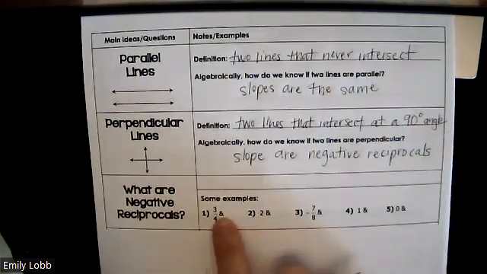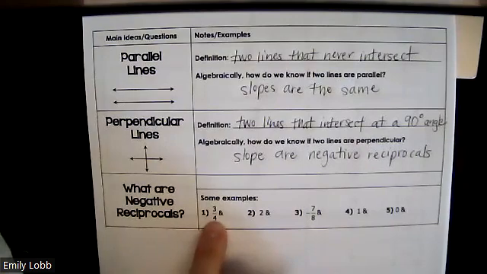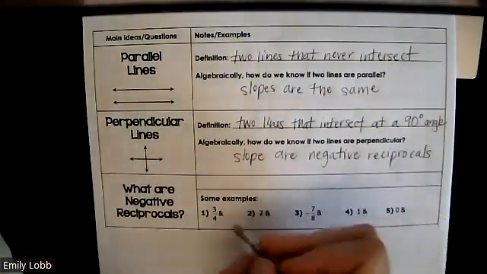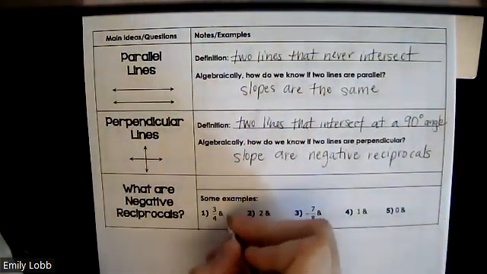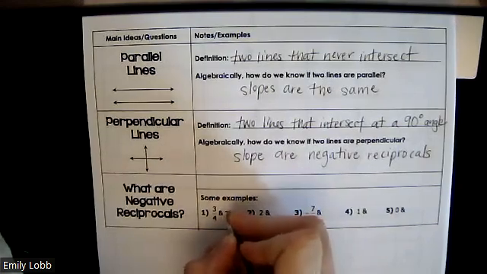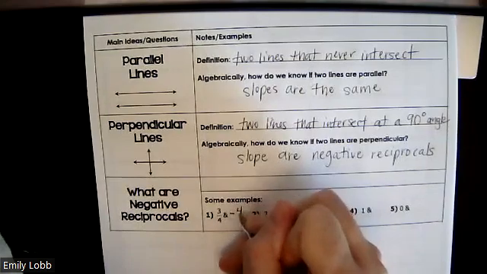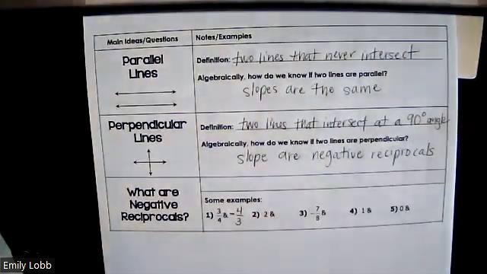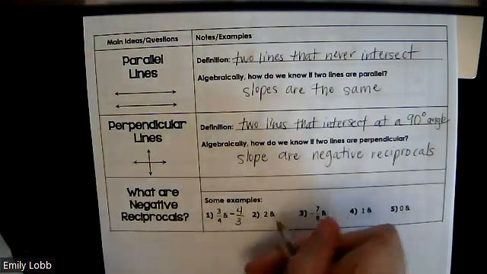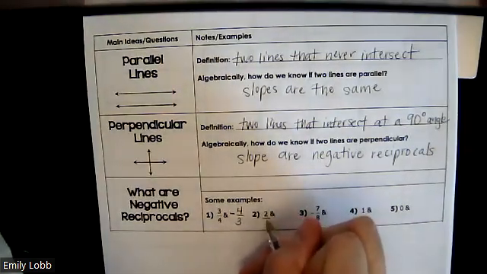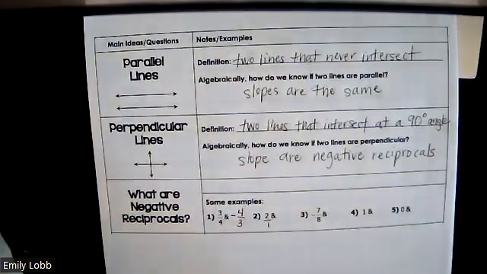So some examples, negative reciprocals. So what's the opposite of negative 3/4 is negative 3/4, but we have to flip it. So it becomes negative 4/3. In order to flip 2, we have to think of 2 as a fraction over 1.